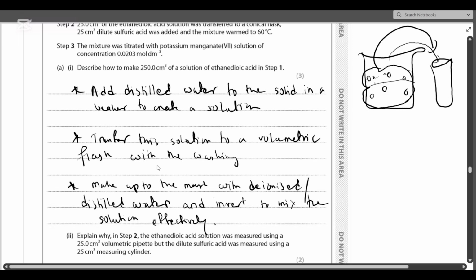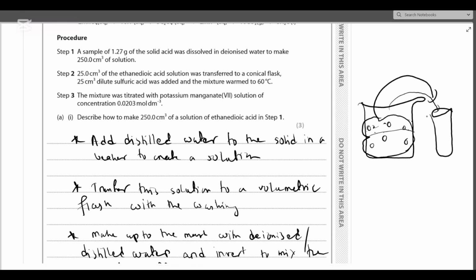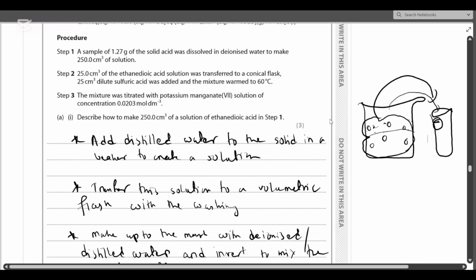So basically after you transfer the solution, you repeat step 2, and then add water till 250 cm cube is reached. In the volumetric flask we can measure that number by checking the markings on the body of the flask.